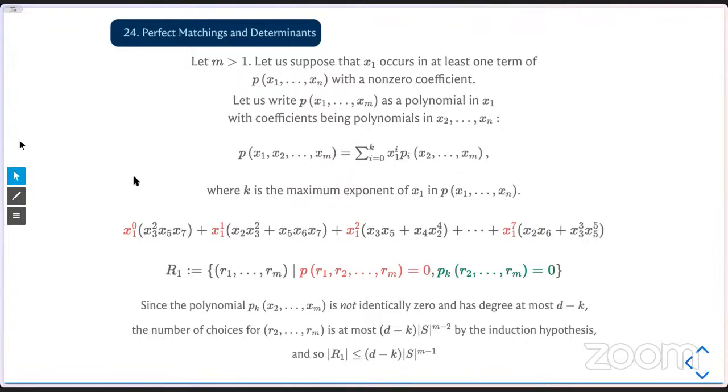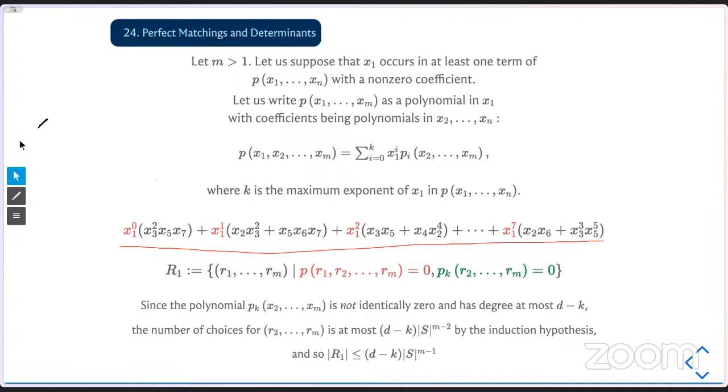So it looks a bit funny. I wasn't sure what that meant initially. So I wrote out an example here. Suppose you have, generally speaking, a multivariate polynomial. Just go and pull out x1 from each of the terms, reorganize the terms and group them according to powers of x1. If x1 doesn't appear anywhere in the polynomial, just rename one of the variables so that this happens, or just work with a different variable.